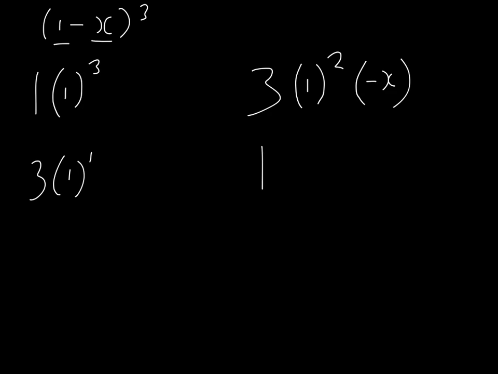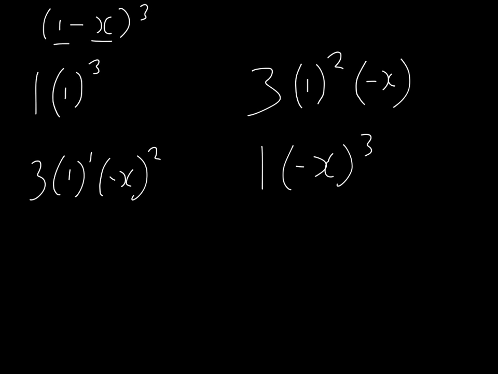The third coefficient would be then times by minus x, and that would be squared. And the last term would then be minus x cubed as the powers go up. So there I have all my coefficients with the first and second term in there. So all I need to do now is tidy that all up.